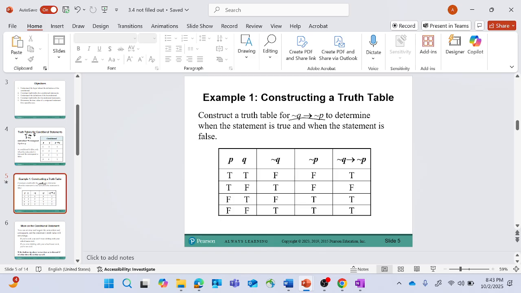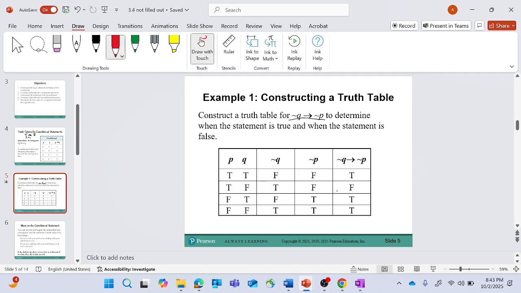And now for the last one, it's not Q implies not P. So for there, what I'm going to try to do is I want to see, well, not Q implies not P. That's only not going to work if you have a true implying a false. That's the only time it will not work. So I'm going to go down this table and see, well, where do I have a true implying a false?